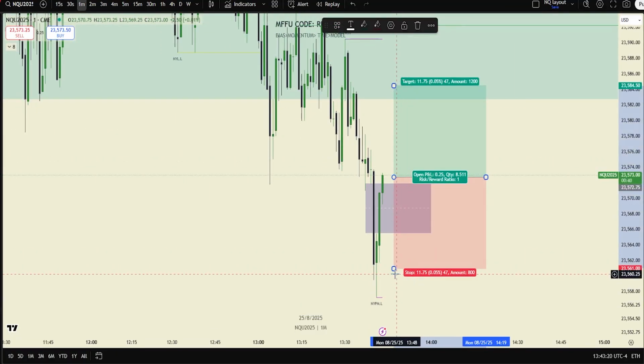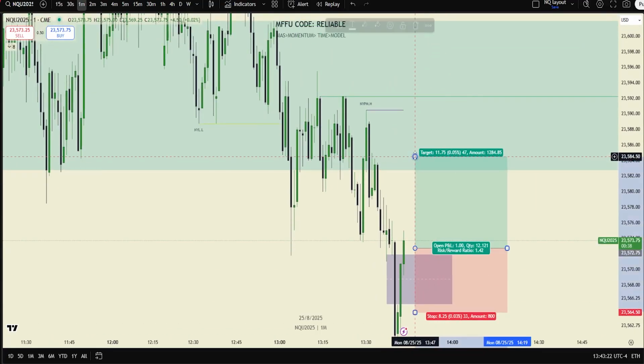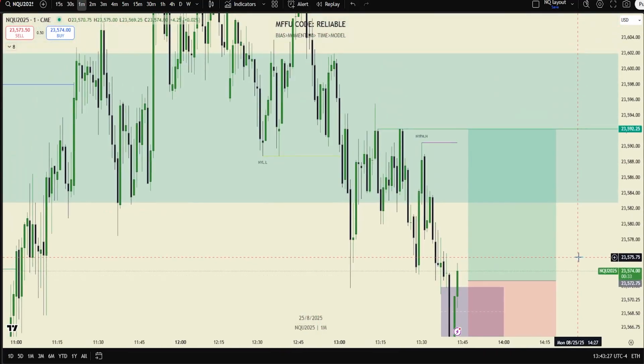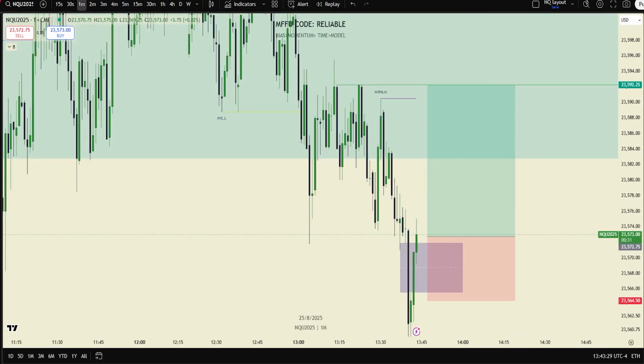Just because of the conditions and the context of today, this is probably an eval trade. But if today was better, I wouldn't hate this long setup unfunded. But for now, I'd probably call this just an eval trade.